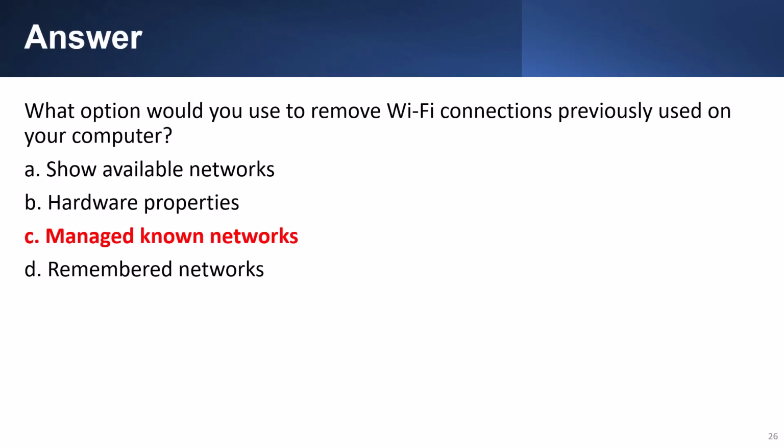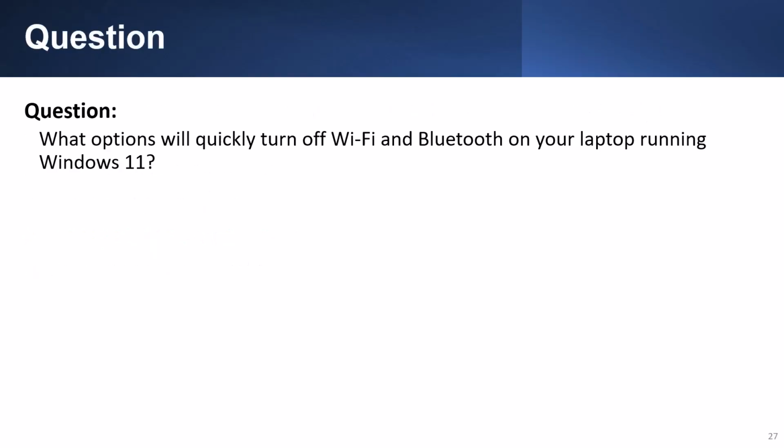Answer: manage known networks. Question: what option will quickly turn off Wi-Fi and Bluetooth on your laptop running Windows 11? Answer: airplane mode.